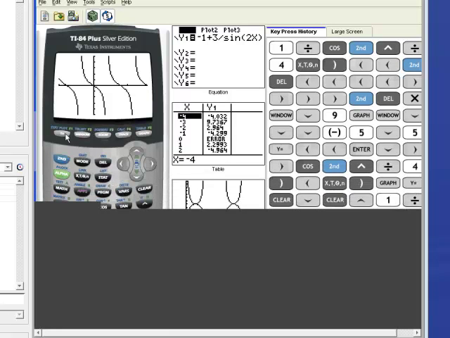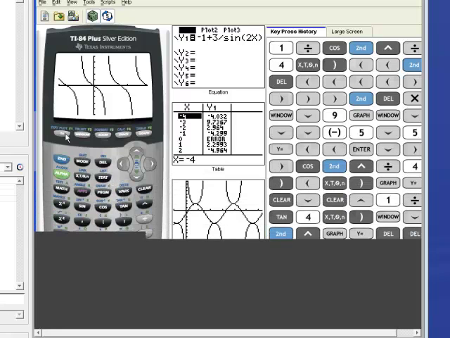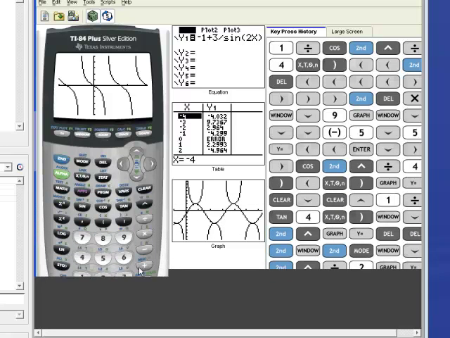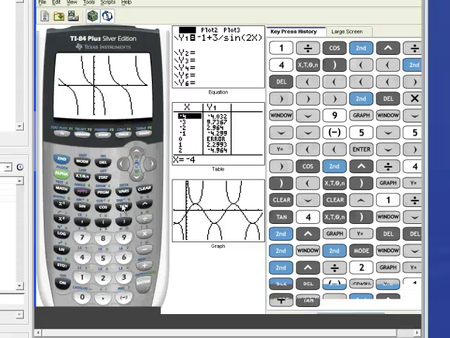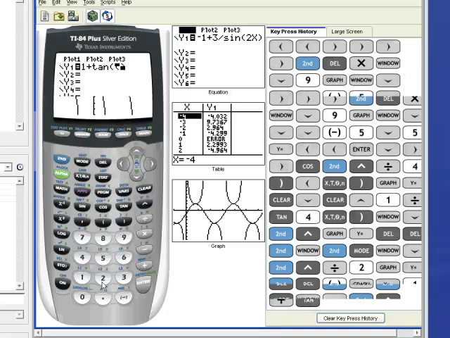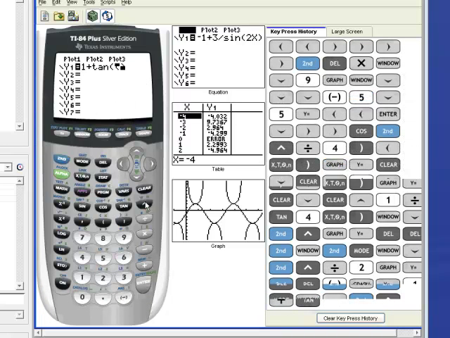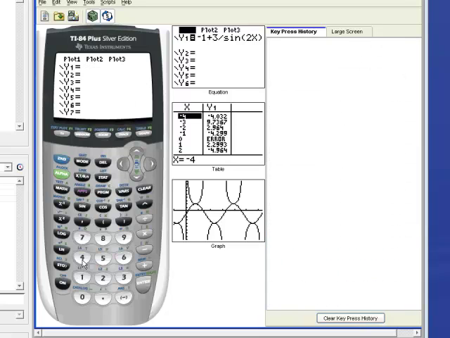First one, which was y equals 1 plus tangent. Oops, there's already parentheses. I think I'm just going to clear it and start over. So 1 plus tangent of 2x minus pi over 4.